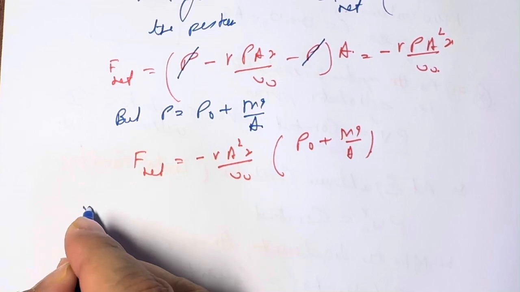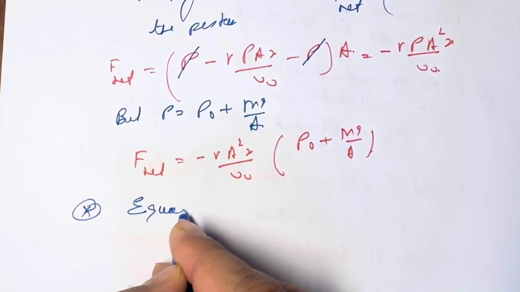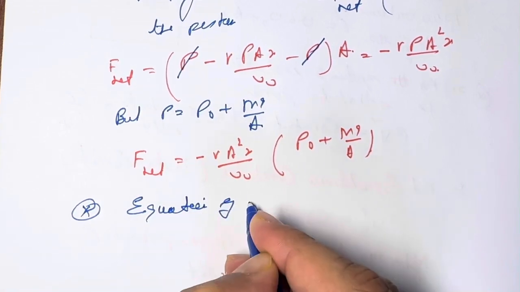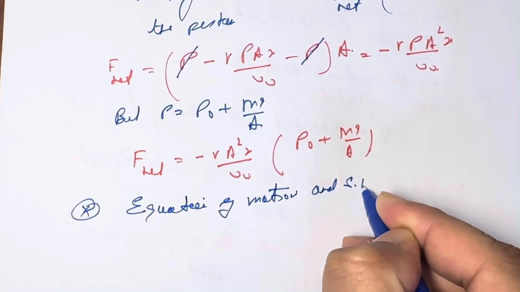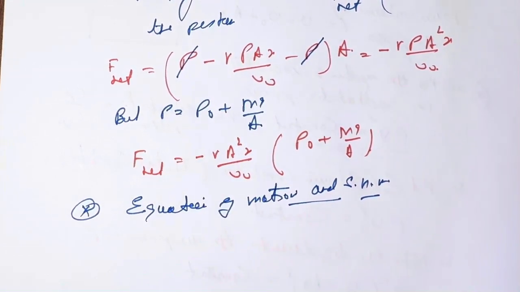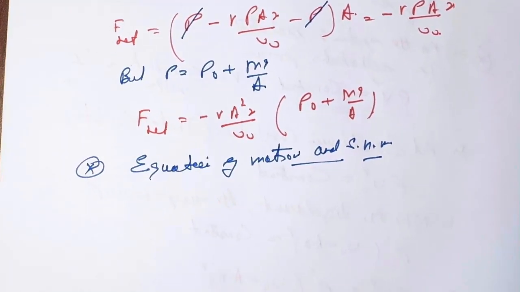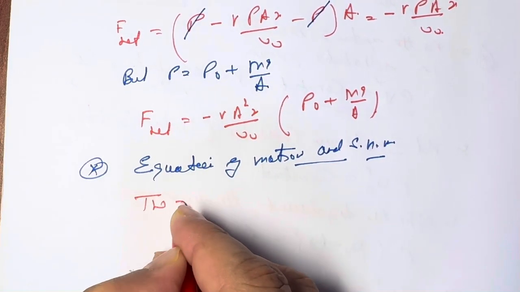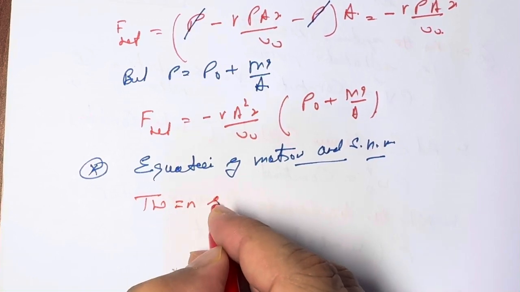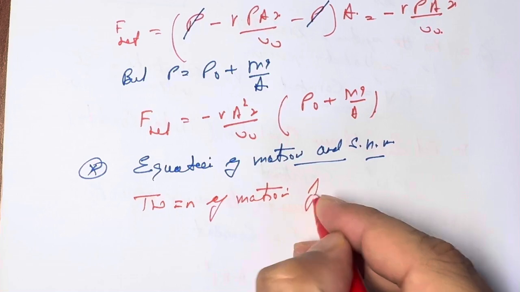We can write the equation of motion for the piston, which moved with the displacement x.